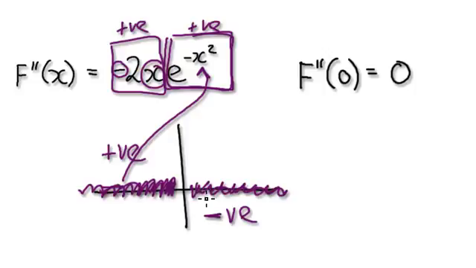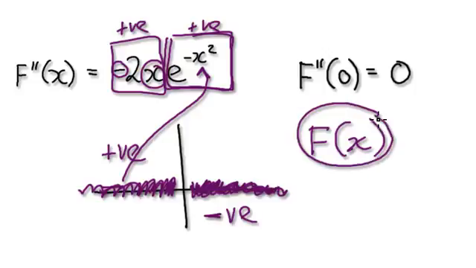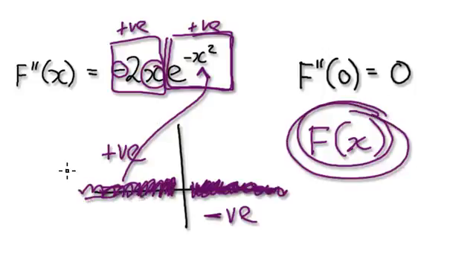So what that means is when x is in the positive realm, the original function, capital F of x, should concave down. When you're in the negative realm, the original function should concave up.